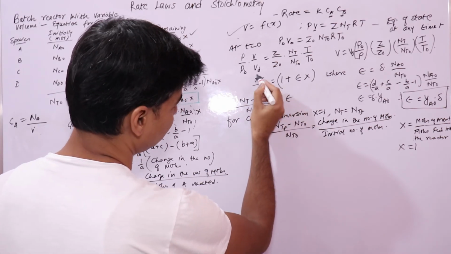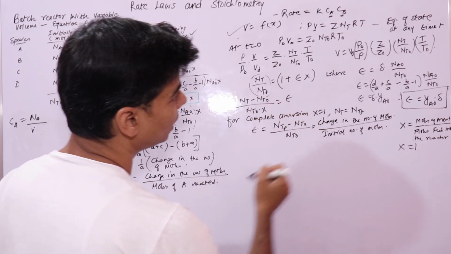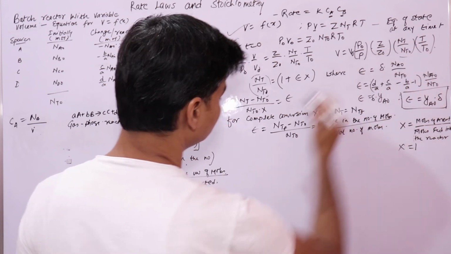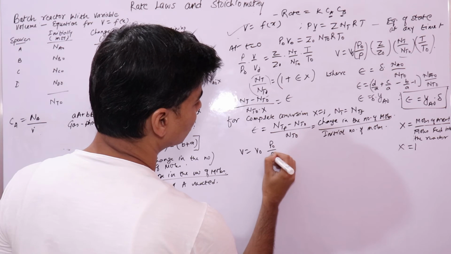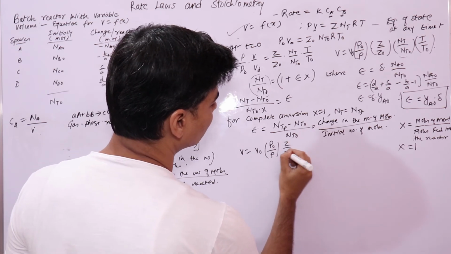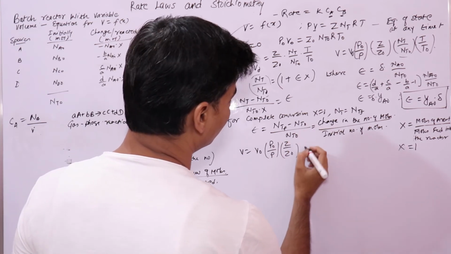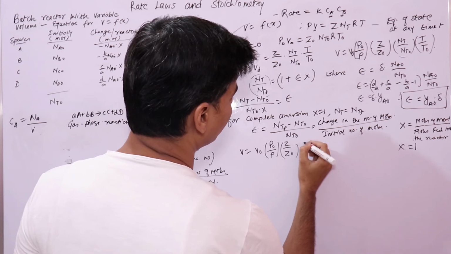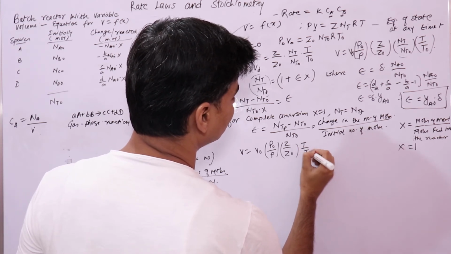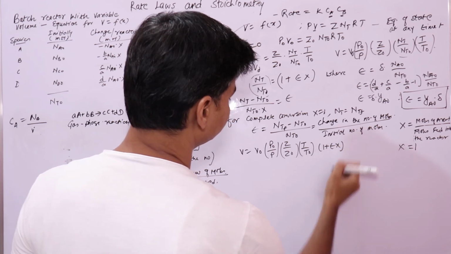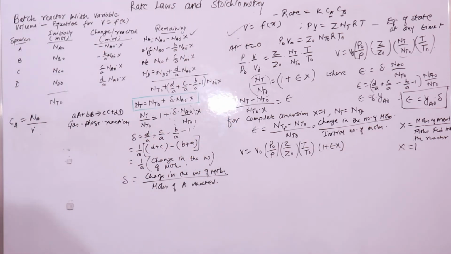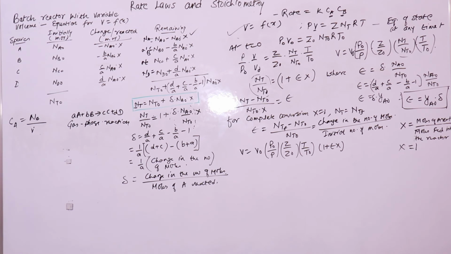We will substitute Nt upon Nt0 here in this equation, T upon T0 times 1 plus epsilon x, right? This is what the equation will change to.